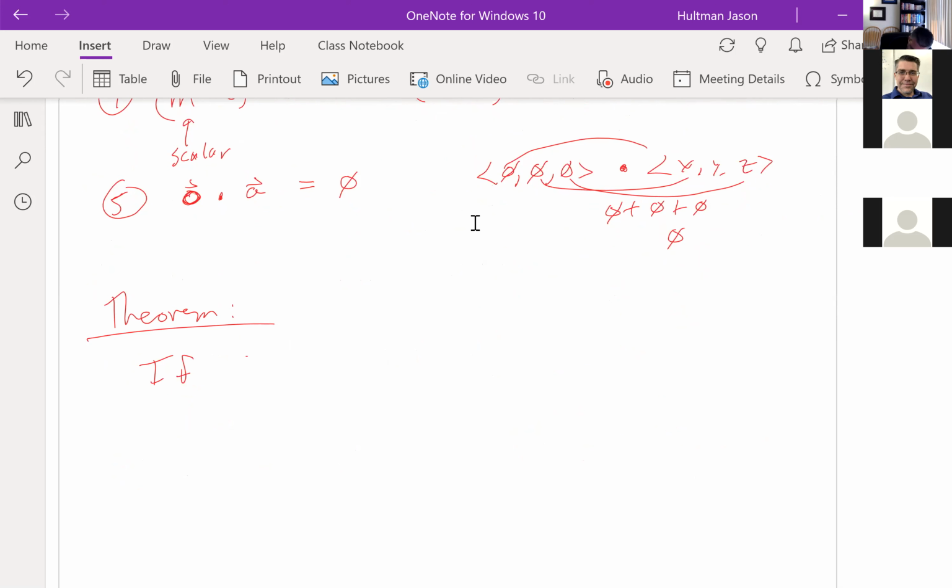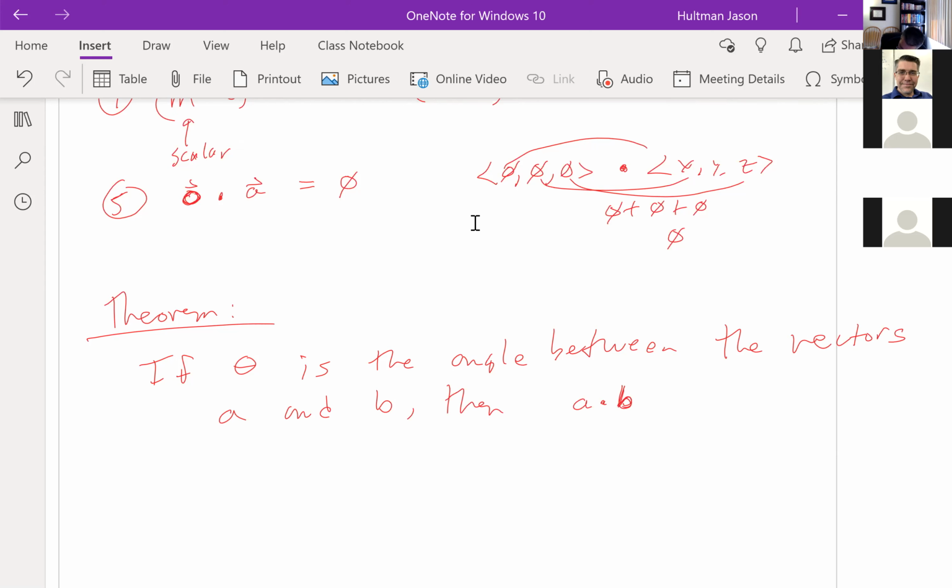Theorem: if theta is the angle between the vectors A and B, then A dot B is equal to the magnitude of A times the magnitude of B times the cosine of theta.